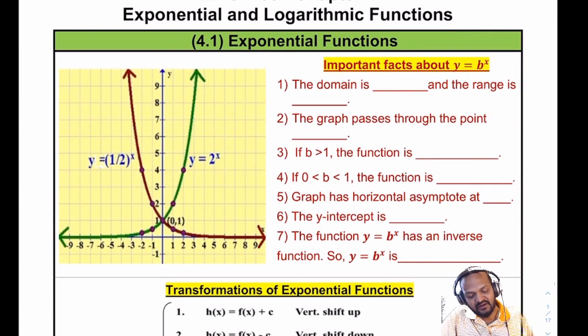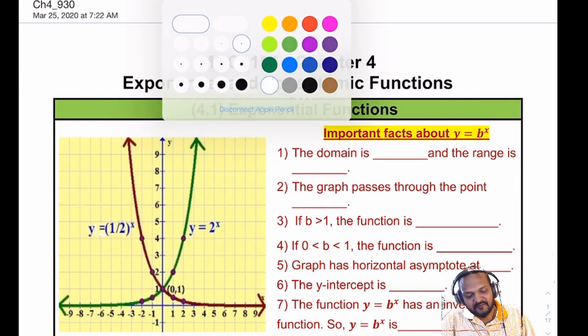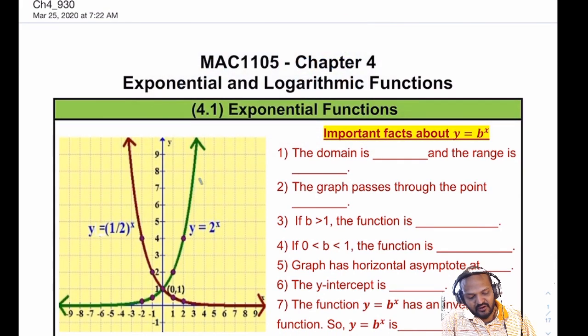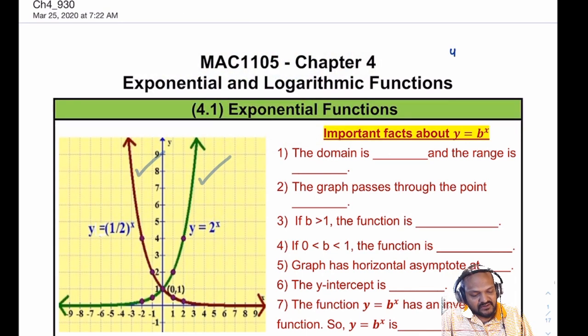Any graph that has this kind of structure is what we call an exponential graph, and the way that we generally represent these functions is y equals a constant to the x, and the constants are usually positive. These are positive constants. So let's take a look at some basic important facts about these functions, y equals b to the x.